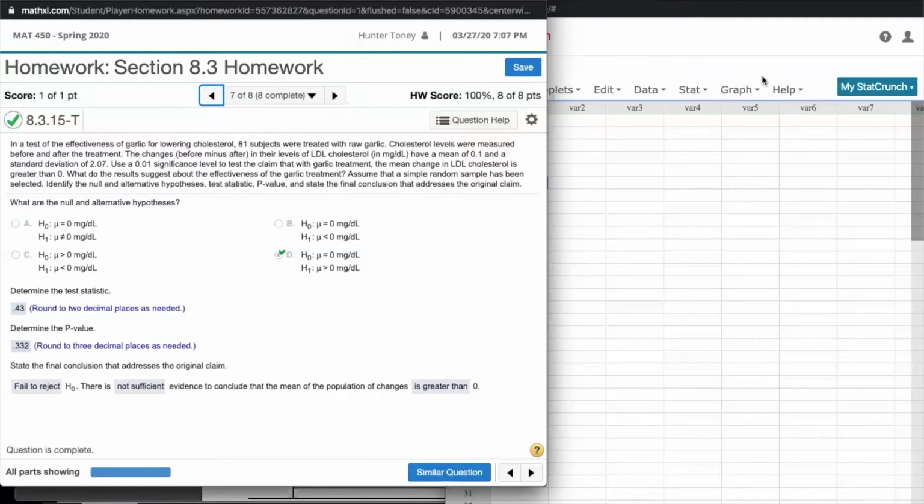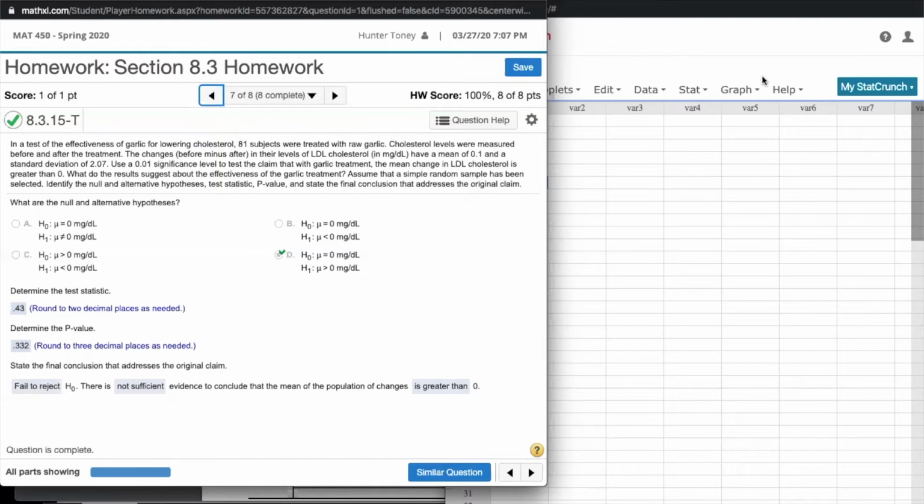So they tell us in a test of effectiveness of garlic for lowering cholesterol, 81 subjects were treated with raw garlic. Cholesterol levels were measured before and after the treatments. So the changes, which were the before minus the after, in the levels of the LDL cholesterol have a mean of 0.1 and a standard deviation of 2.07.